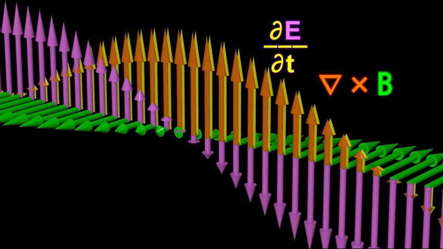The curl of the magnetic field is directly proportional to the rate at which the electric field is changing.